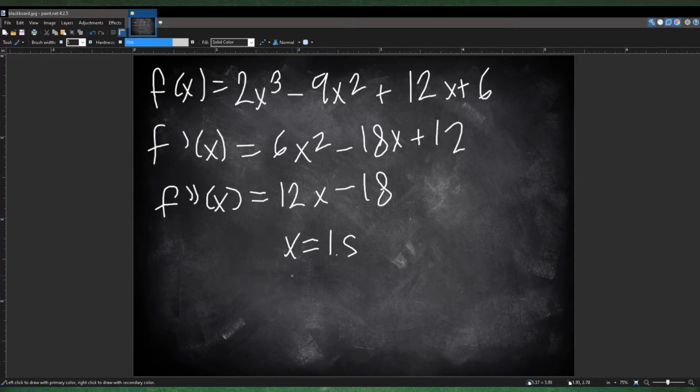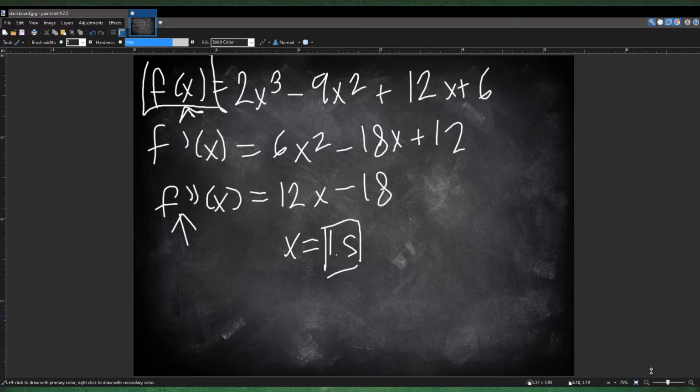This is just similar to what we did before, I'm just rewriting it again. So the 1.5 here, which is the x-intercept of our second derivative, tells us that x equals 1.5 is where our inflection point is for f of x. And it's basically all that simple. That's how you find the inflection points.